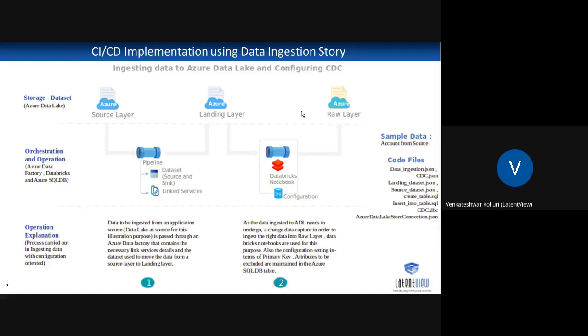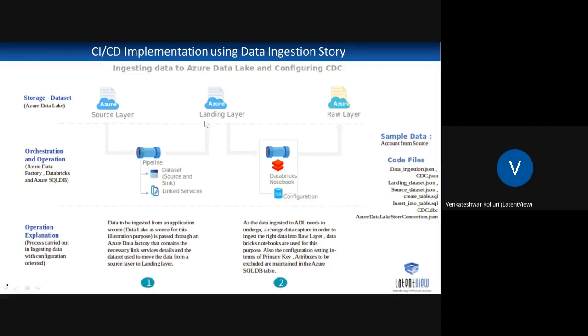It is all about pushing the data into different folders which we have come up with in our Azure Data Lake. This Azure Data Lake has three different storage layers: source layer, landing layer, and raw layer. Our file would be placed in the source layer. With the help of ADF, we push this source file into landing.